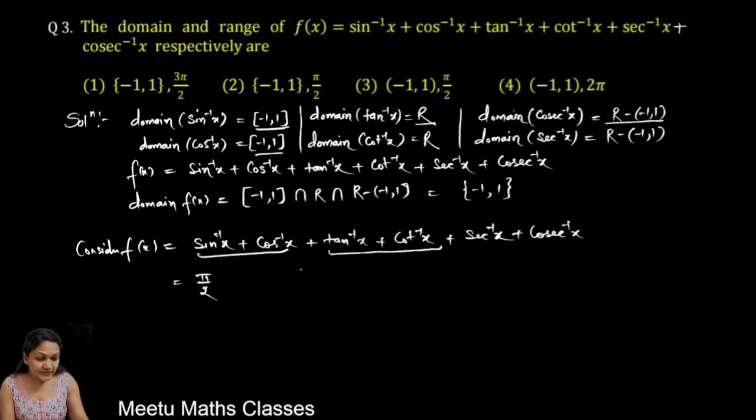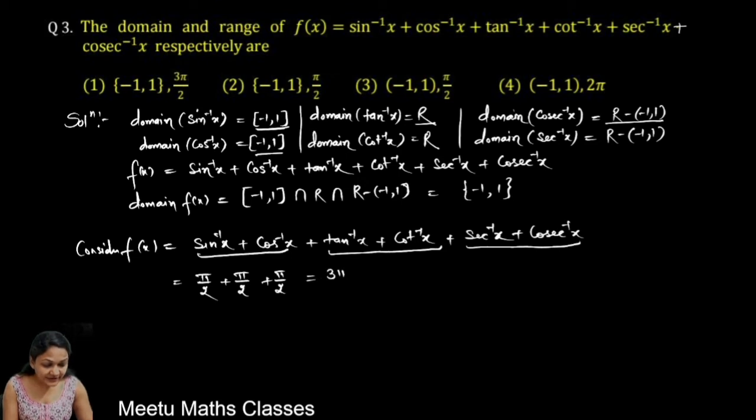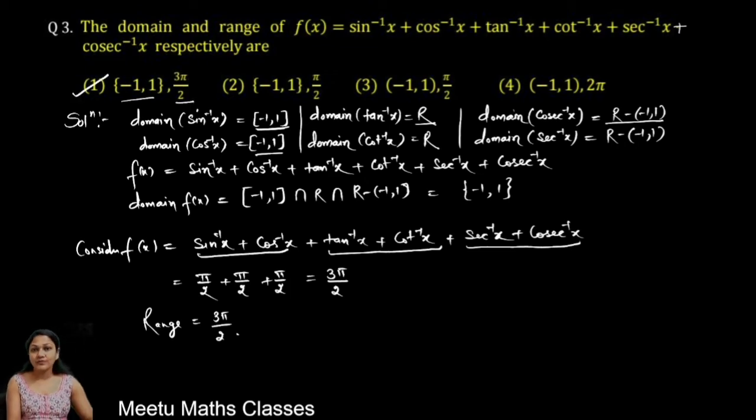Similarly, tan inverse x plus cot inverse x is also equal to pi by 2, and sec inverse x plus cosec inverse x is also pi by 2. So, the range of f(x) always takes the value 3 pi by 2. So the domain is minus 1 to 1 and the range is 3 pi by 2. So your option 1 is correct.